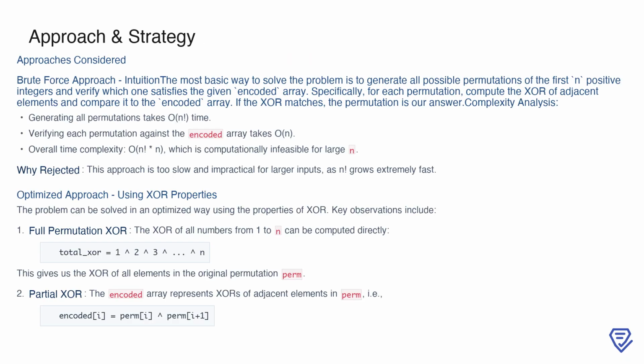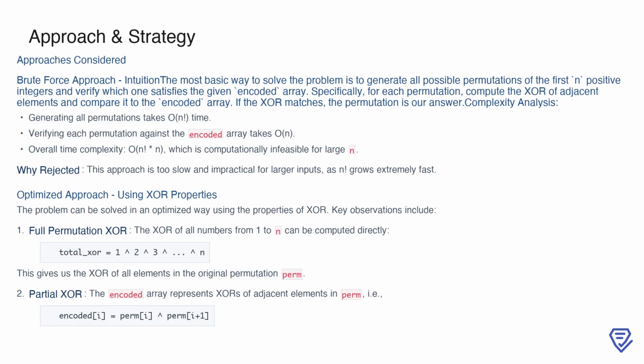To start, let's consider the brute force approach. The intuition here is straightforward: generate all possible permutations of the first n positive integers and check which one matches the given encoded array. For each permutation, we calculate the XOR of adjacent elements and compare it to the encoded array. If there's a match, we have our solution. However, the complexity of this approach makes it impractical.